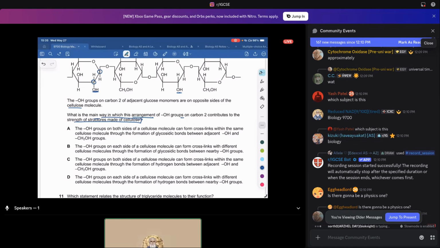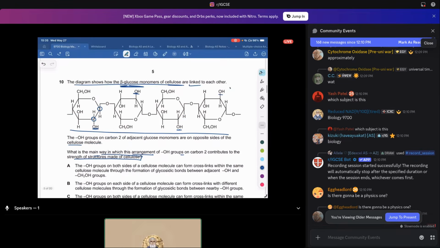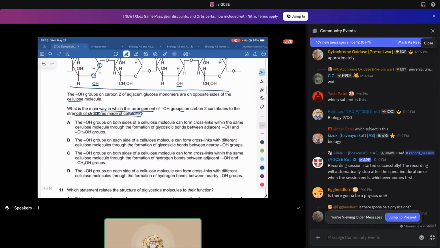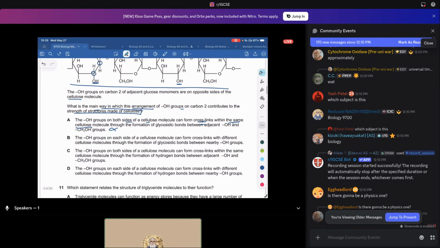The fact that I have OH groups here means when I have another cellulose molecule below it and another one above it, I can form hydrogen bonds with both to form a cellulose fiber. So the OH groups on both sides can form crosslinks within the same cellulose molecule? Nope, with other cellulose molecules. With different cellulose molecules, through the formation of glycosidic bonds?